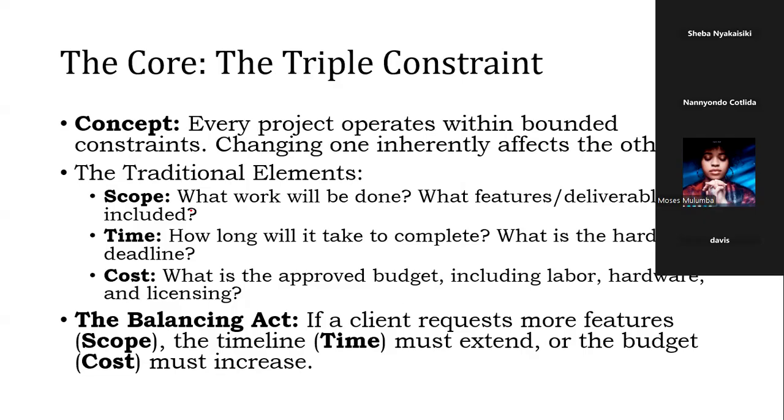The triple constraint. Any project is going to work on these three constraints that you see here. Scope. Sometimes in research, we talk about scope. What would be the scope of your research? That's the same thing here.